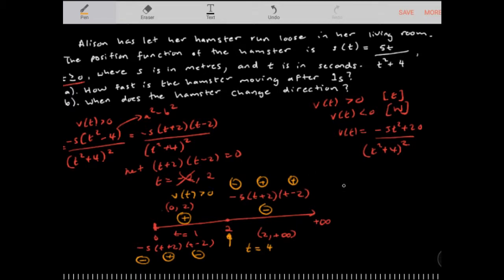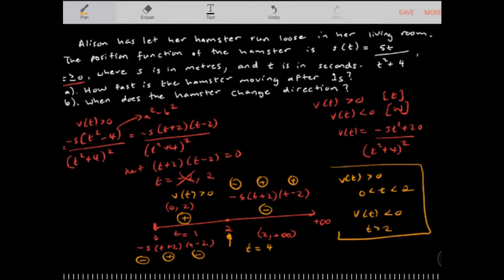So v of t is going to be greater than 0 when t is greater than 0 but less than 2 seconds, and then the velocity will switch directions and be less than 0 when t is greater than 2. So the change in direction occurs at 2 seconds. That's the idea behind it.